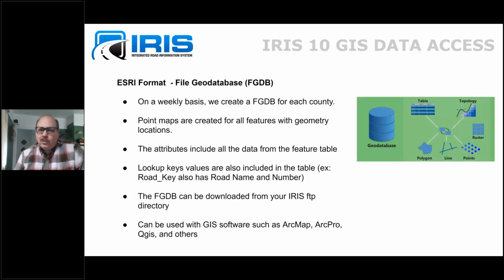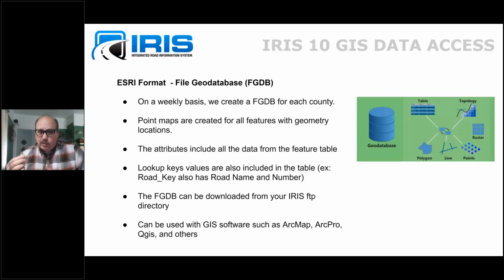Now, the ESRI format, that's the File Geodatabase. We are creating one of those on a weekly basis for each county. All 15 layers we create point maps out of, and those are all available for you to download whenever you need to.